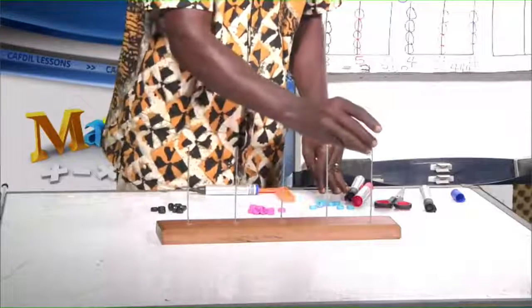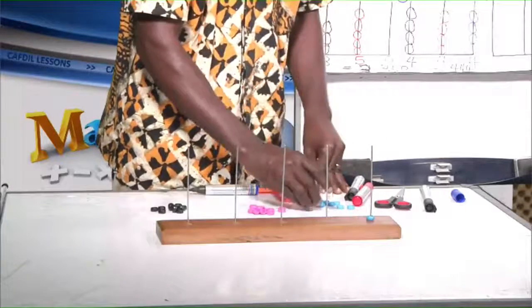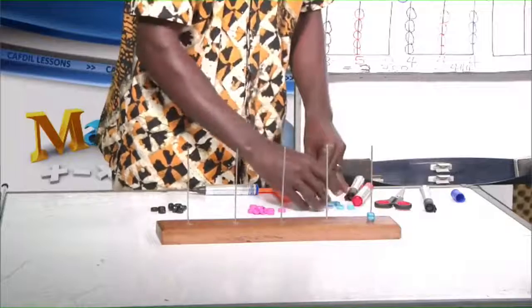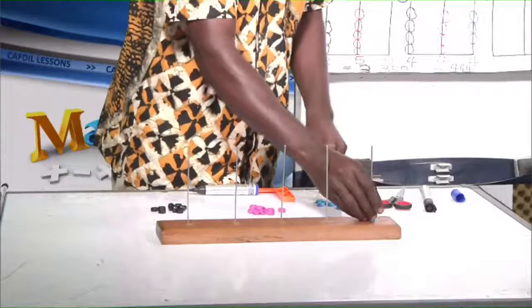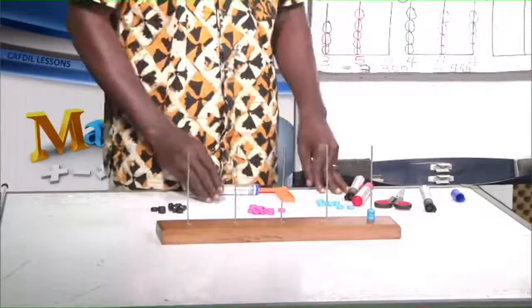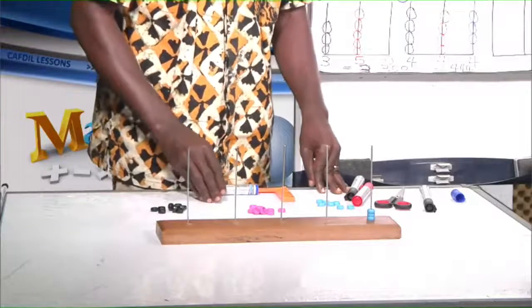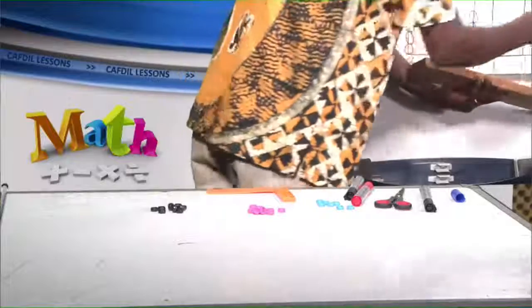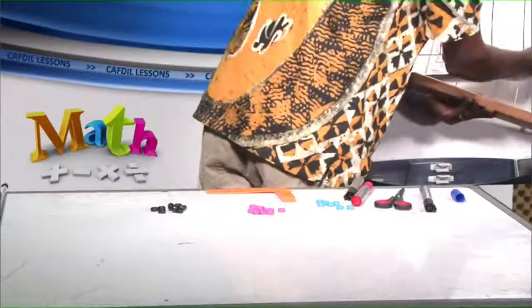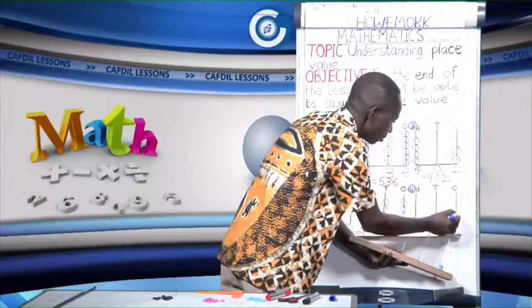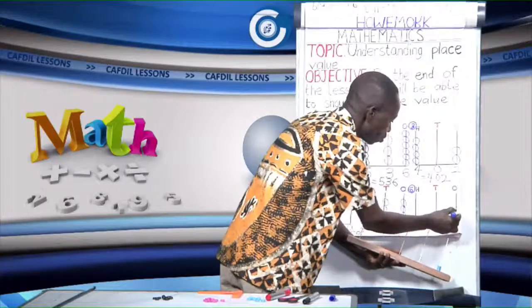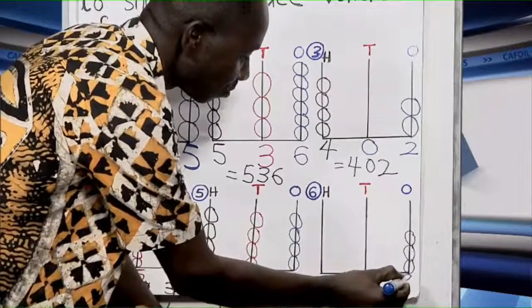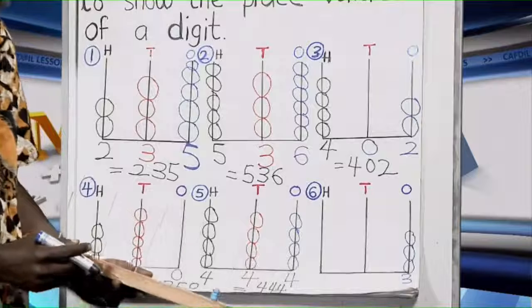I'm going to put 1, 2, 3. So I have 3 here. So when I come to the board, under the ones column, I have 3. 1, 2, 3. So I write my 3.